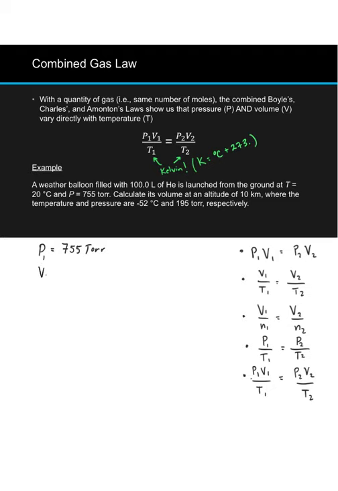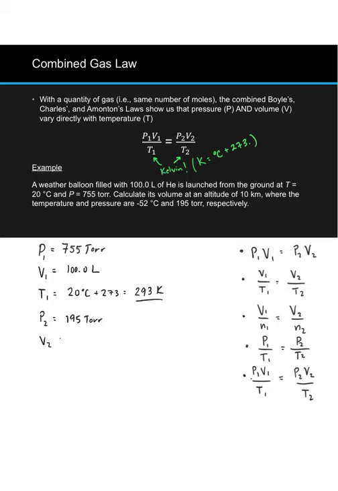P1 is 755 torr. This corresponds to an initial volume, V1, of 100 liters, and an initial temperature, T1, whose units I will convert. 20 degrees Celsius, I'll immediately add 273, because this isn't already in Kelvin, to get 293 K. At a new set of conditions, the new pressure, P2, is 195 torr.